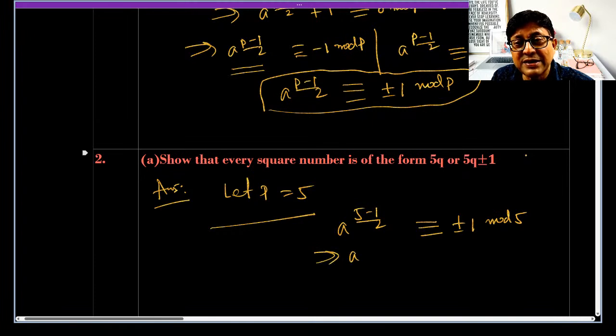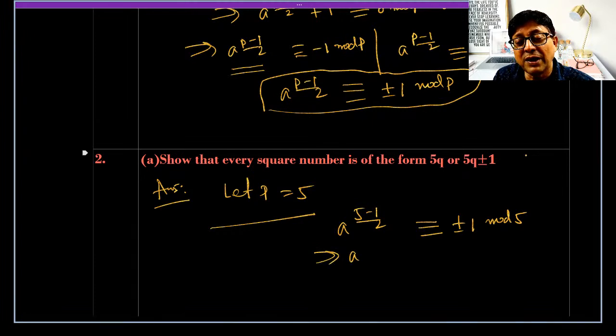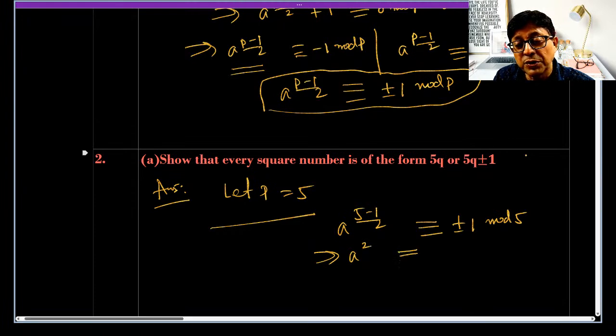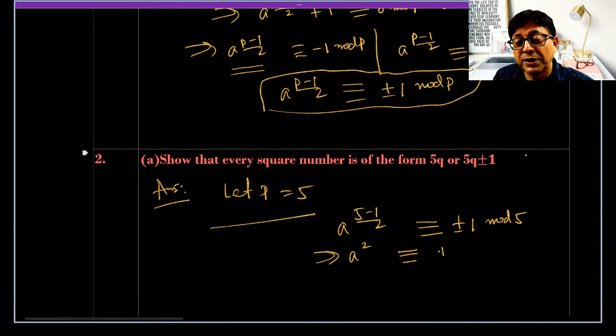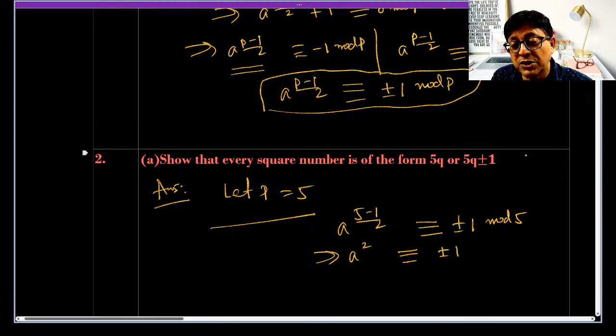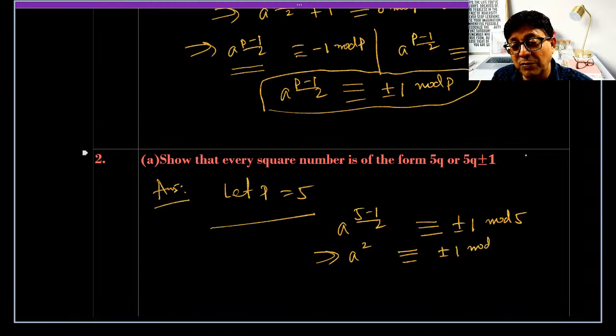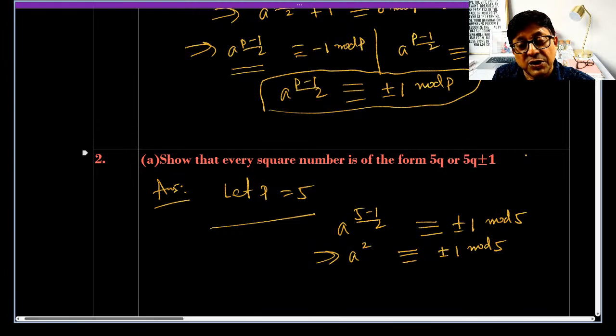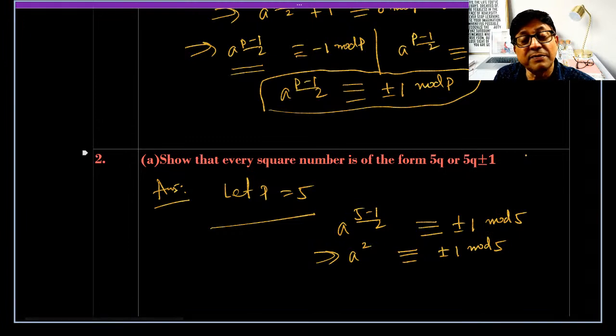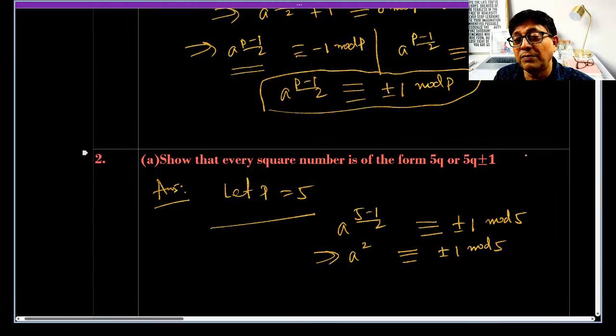This implies a to the power 4/2, that is a squared, is congruent with plus or minus 1 mod 5.